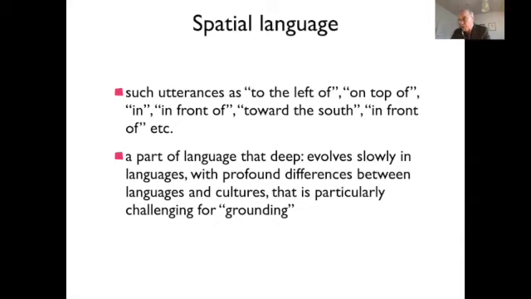For a reason, the spatial language is something deep. It's a part of language that evolves slowly. For instance, Indo-European languages are very similar on this account. It's also something that takes a long time to learn in childhood, and that you're not very good at learning in a new language. So it seems like a structural element.